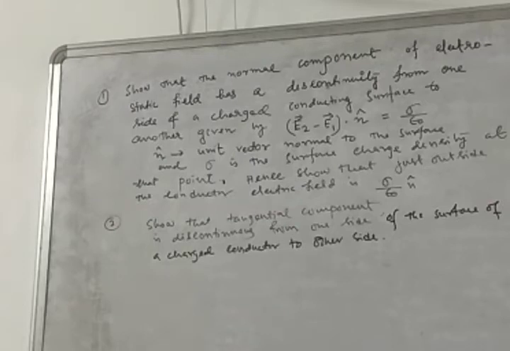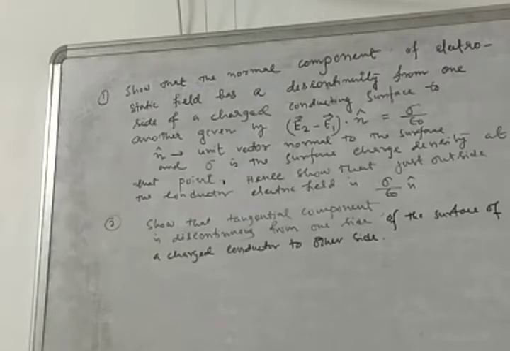And the second part is the tangential component. Show that the tangential component is continuous from one side of the surface of the charged conductor to the other side.